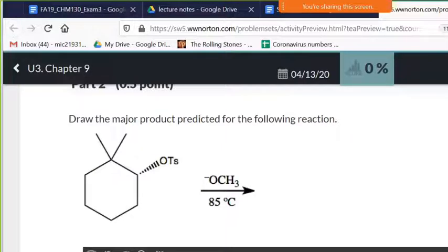One of the red flags for an elimination is heat. And as you're drawing attention to, we're doing a different temperature. So lower temperatures don't necessarily mean substitution. It's more the other way around. Higher temperatures typically mean elimination. And why? You're trying to break a carbon-hydrogen bond. That hydrogen is not particularly acidic. Why is it not particularly acidic?